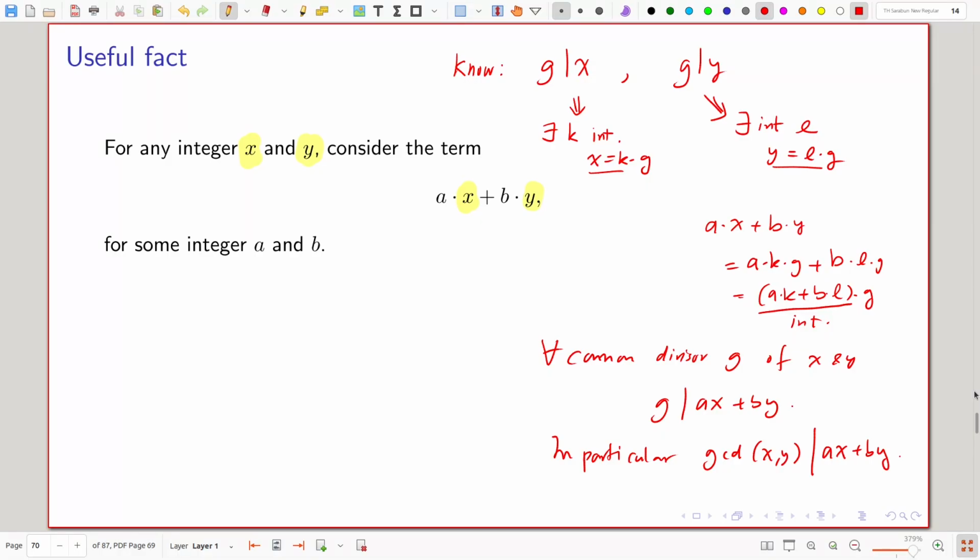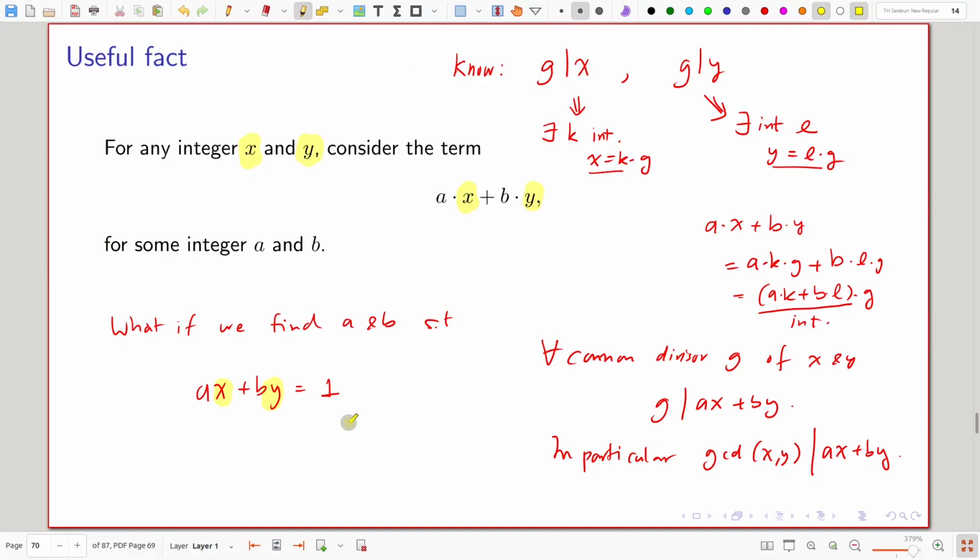Okay? So the thing is, what if we find a and b such that ax plus by equals 1? So if you fix x and y, and you can find some numbers a and b such that ax plus by equals 1, what can you say about the GCD of x and y?